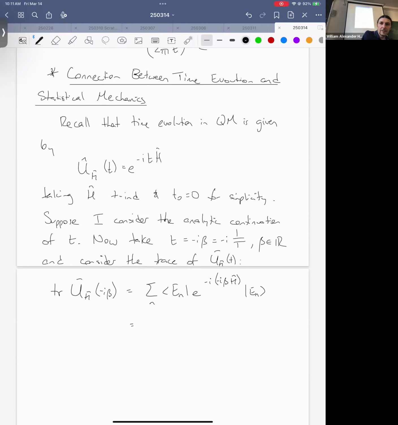And so then this is the sum over n of e to the minus beta E_n, the sum over n of e to the minus energy over temperature. What do we call this in statistical mechanics? It's a partition function.